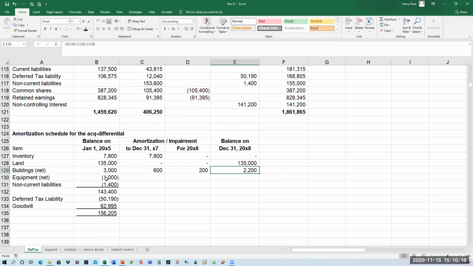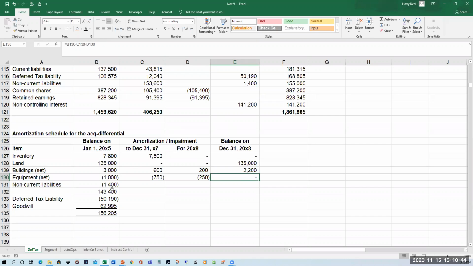The equipment had 4 years on the date of acquisition, so 1,000 divided by 4 is $250 each year. Just keep in mind, don't change the sign. So it was a credit, negative basically. So the amortization for 3 years works out to 750. For year 8, another 250, nothing remaining for the equipment.